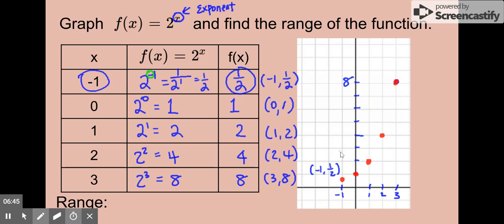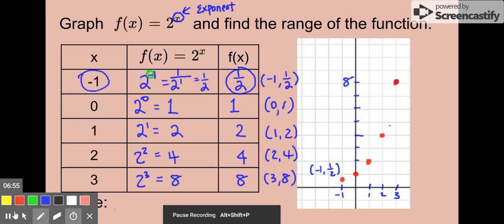So it's like this. You see it's increasing slowly, but at some point it spikes, right? It's increasing really fast. Let me connect the dots. It's not going to be a straight line, it's going to be a curve.